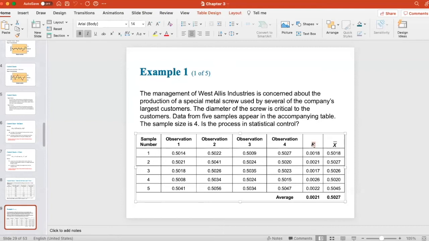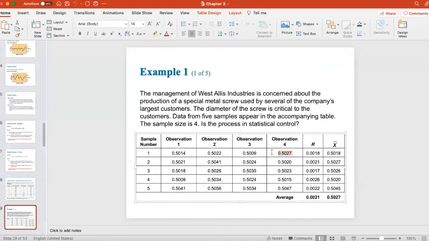What is the range of this sample? How do we calculate the range of a sample? Always keep in mind, it's very simple: you just use the maximum value within the sample minus the minimum value of the sample. Look at these 4 values. Which one is the maximum? 0.5027 is the maximum one.